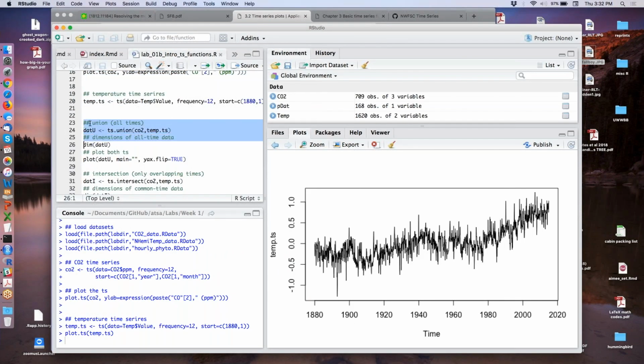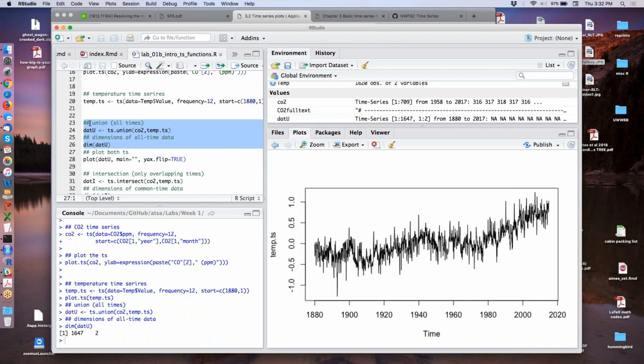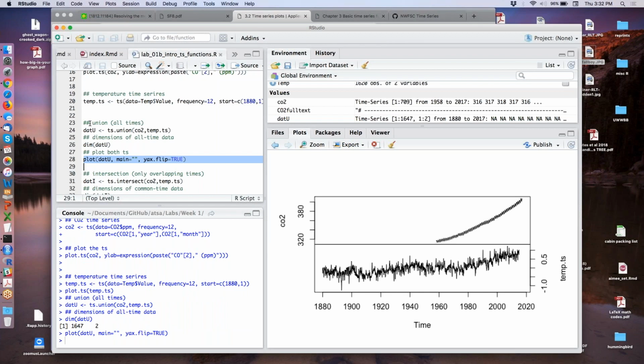You can take the union of those. This has 1,647 rows, and you plot that using plot.ts again. Here you can see that the temperature time series started way back there, but the CO2 data didn't start until here. But it's maintained the appropriate time x-axis, which is nice.